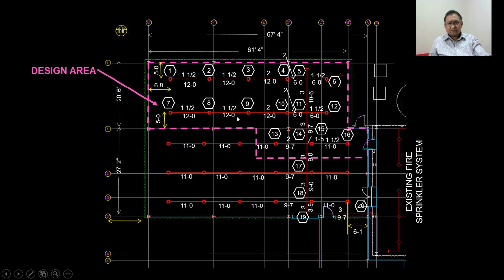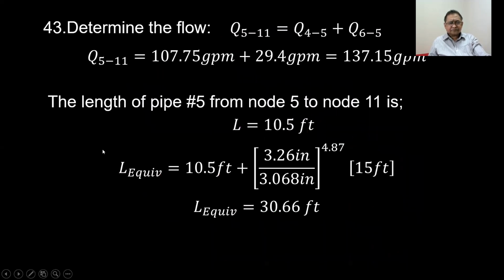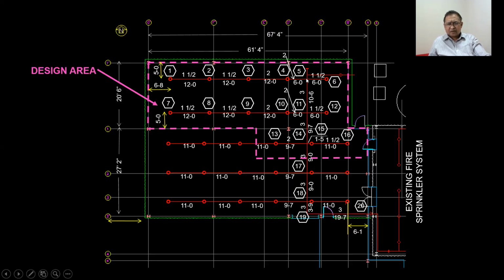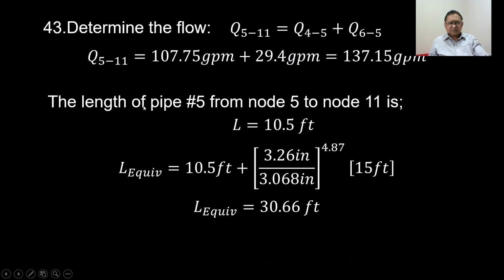So now let us go to this branch line here from node 7 to node 11. Determine the flow. Oh, by the way, we have to analyze first the pipe from node 5 to node 11. So we have 107.75 plus 29.4.